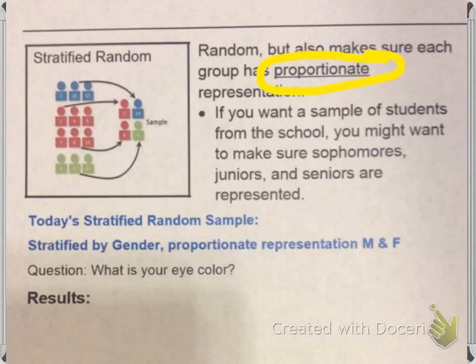If you're going to select a group of people from your classroom, you might want to make sure that not only did you select girls, but you selected boys. If you wanted to select only girls, maybe you want to make sure you have redheads, blondes, brunettes. Make sure that you're trying to get a good variety of each kind of person that exists. So the example of that today would be making sure you get male and female when you ask what the eye color is.